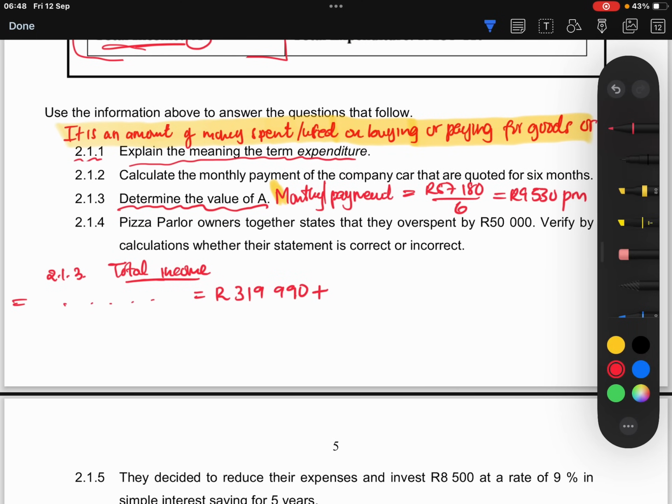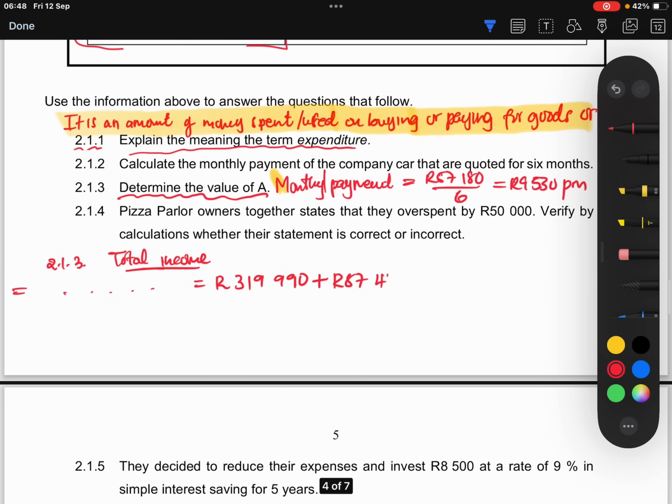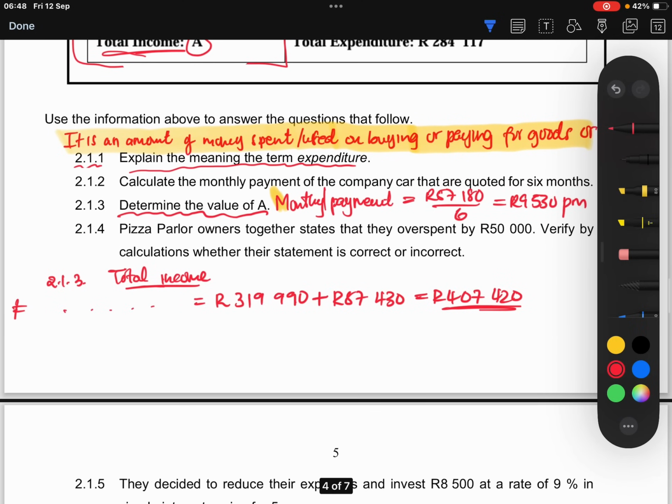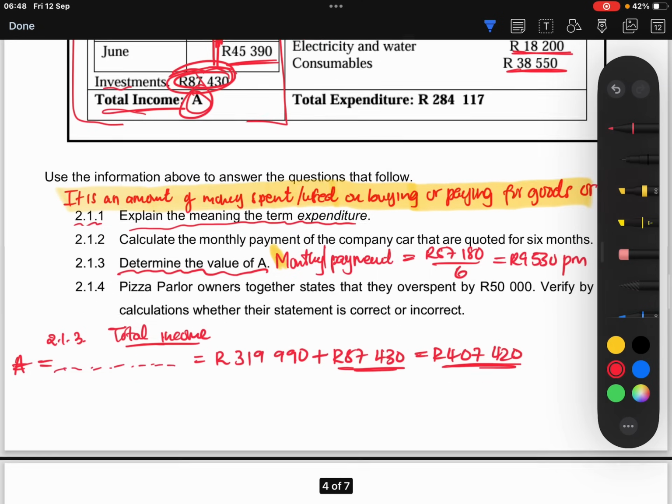The investment is 87,430, and then the total is going to be 407,420 rands. That's the total. This is A. Remember, you added the monthly income and then the investment, and it gives you A.